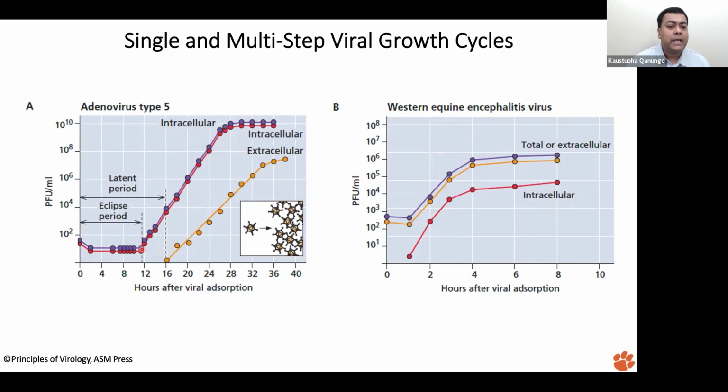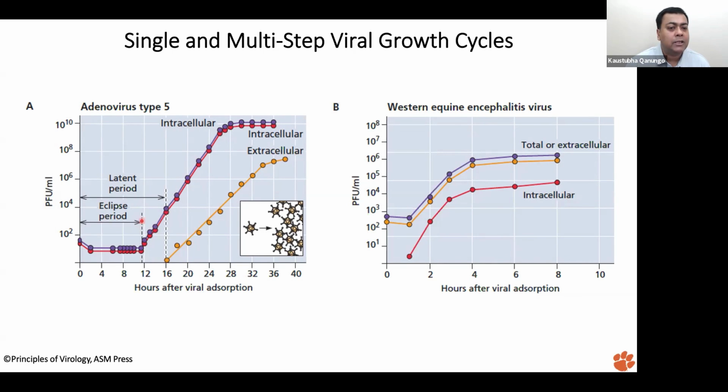So what you are seeing right here, after the eclipse period, is that your intracellular virus, which is found from the pellet of the cell, is increasing. What we mean by this is that at the end of the eclipse period, the virus has started assembling, and the amount of virus inside the cell is increasing in this portion between the eclipse and the latent period. But we are not finding any virus in the extracellular fluid yet.